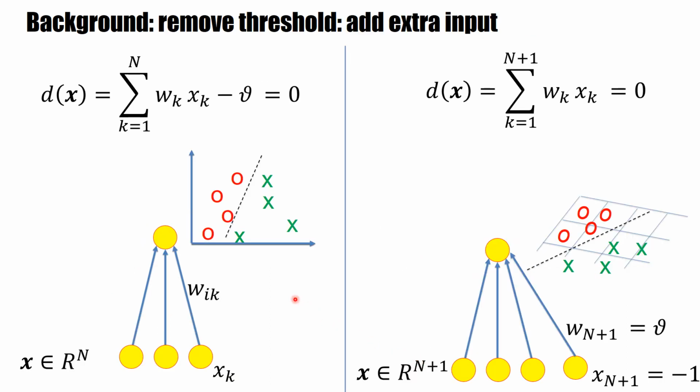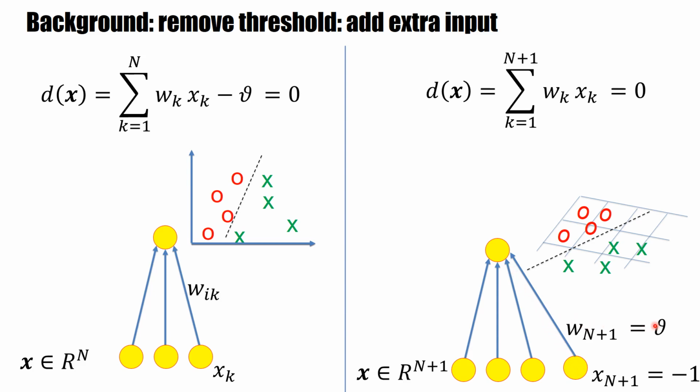I said that in a database, our input has n dimensions. It's a vector with n dimensions. The separating surface, the separating hyperplane, would then have a certain distance to the origin. However, it's convenient to add an extra input and work in n+1 dimensions and have an extra weight that corresponds to this distance.